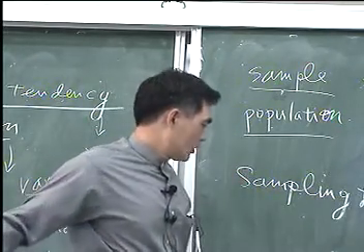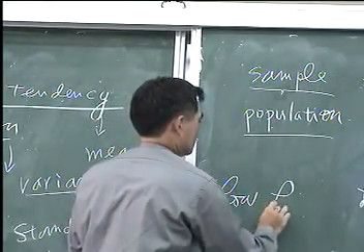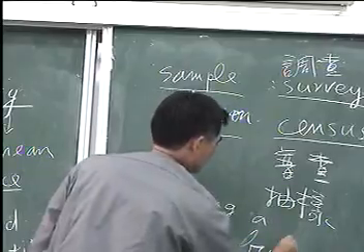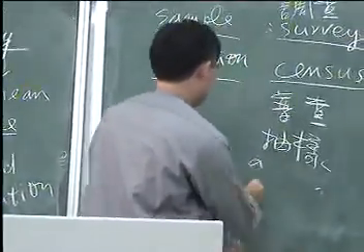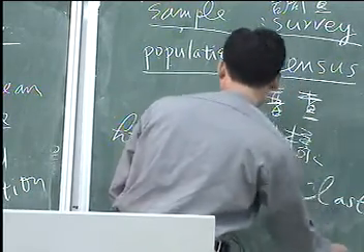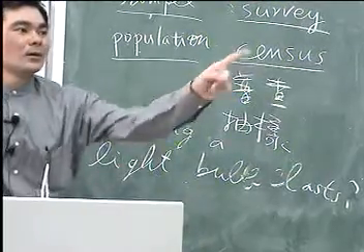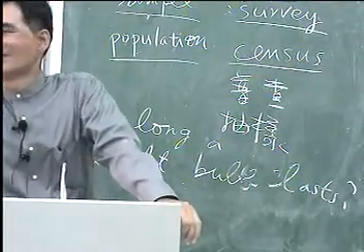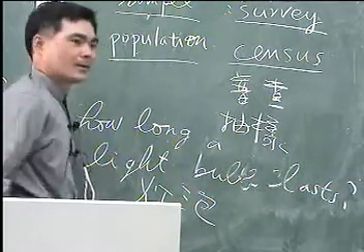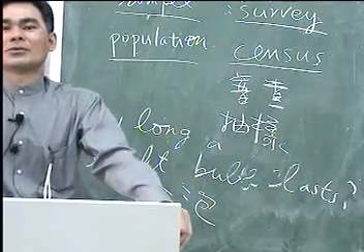For example, if we want to know how long a light bulb lasts, the only way to know that is to turn it on and use a timer to see how long it lasts.